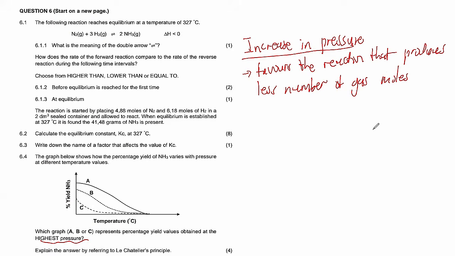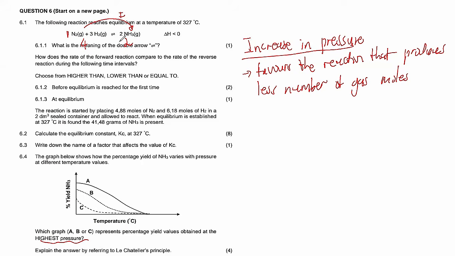Now, in that case, obviously we have to compare the sum of the ratios. So we have 1 here and then we have 3, meaning the sum of the ratios on the left-hand side is 4, but the sum of the ratios on the right-hand side is 2. Remember this one coming here, this is the forward reaction.